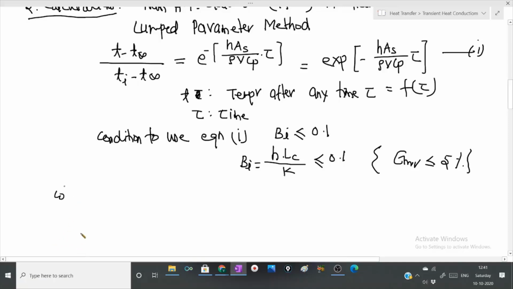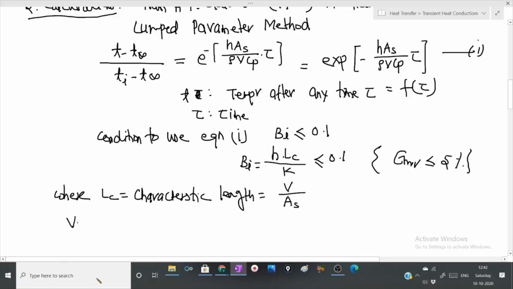So first check Lc. Since this is the first numerical, I am defining each and every term. And it is given as volume over surface area.